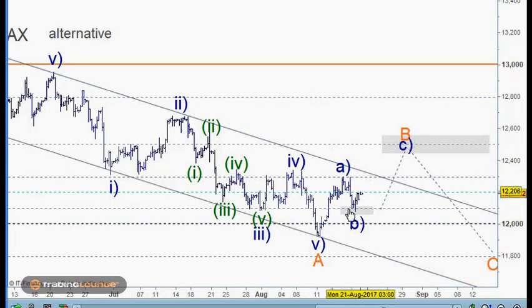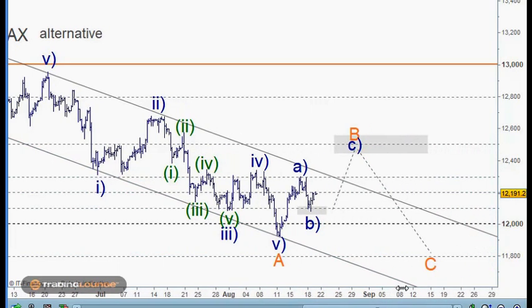And the length of A equals C here, and then wave C down here. So we may get down to the 38.2% retracement level at 11.8. I know this one is close, and this is just an alternative count, and it's something that we need to bear in mind.